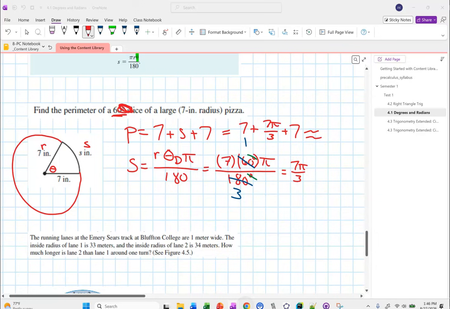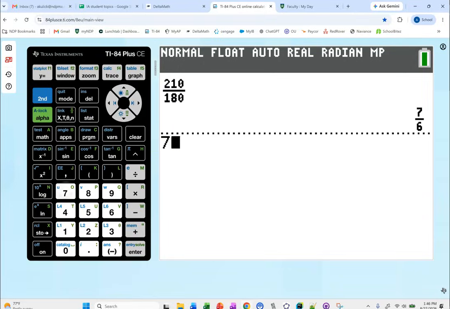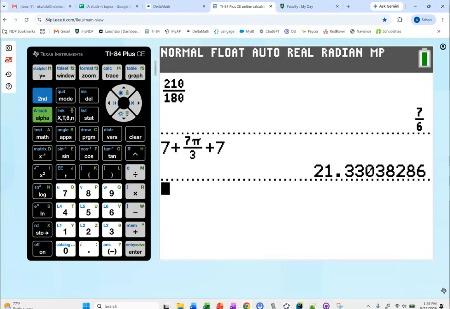Let's type this in. So I have 7 plus 7 pi over 3 plus 7. So the answer I'll report is 21.3. Just round to 2 decimal places seems appropriate then.